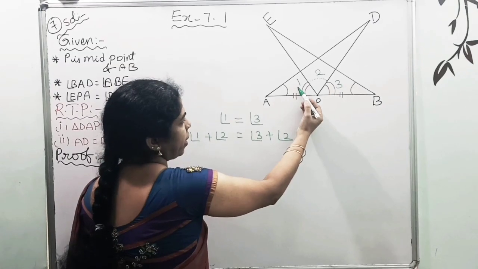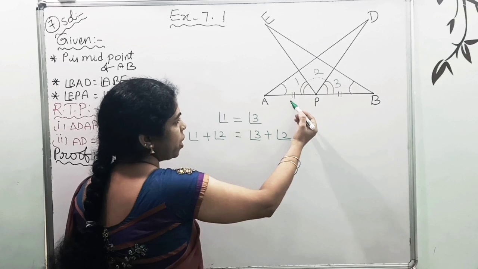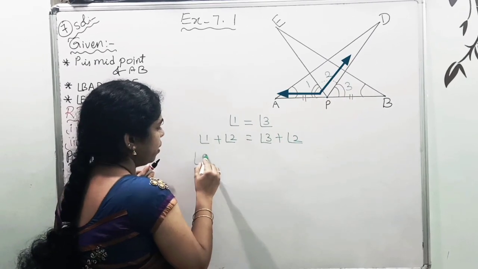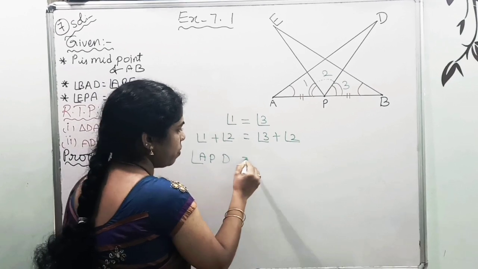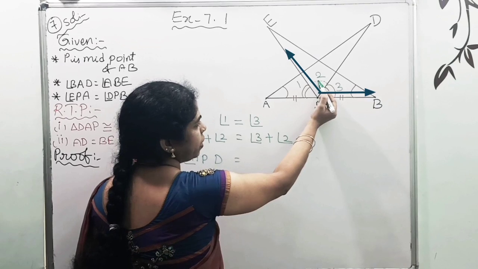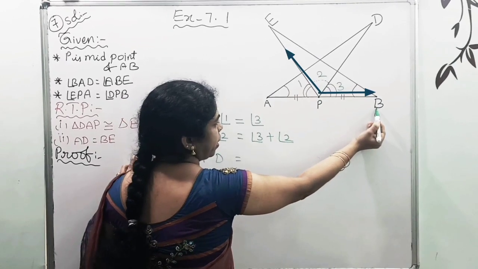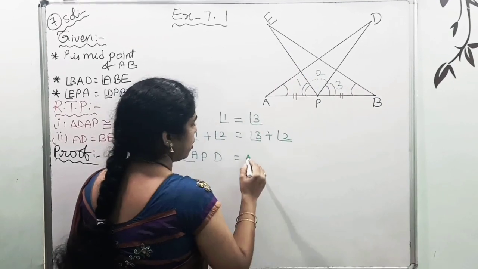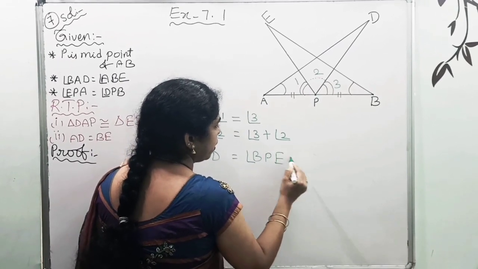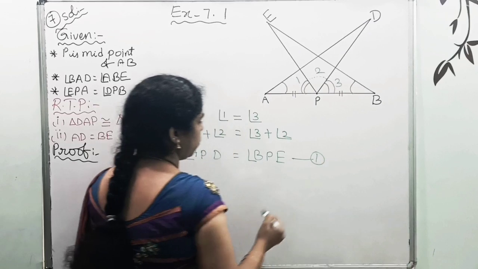If we add angle 1 and 2, what is the angle that we are going to get? Angle APD. Angle APD is equal to, if we add angle 3 and angle 2, the angle that we are going to get is angle BPE. Let it be point number 1.